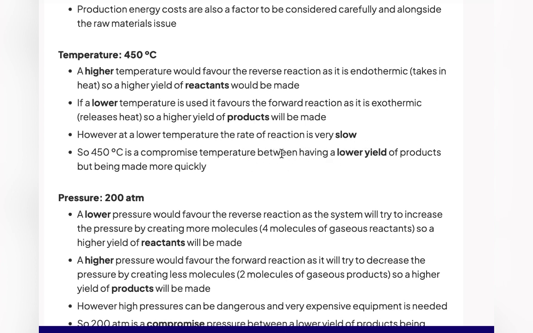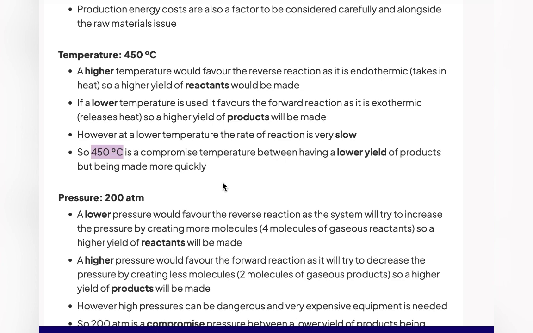That's why we have to choose a temperature not too low, not too high. If it's too high, it starts to favor the backward reaction. If it's too low, it becomes too slow that you don't get even a good yield. So we chose a moderate temperature, which is 450 degrees Celsius.